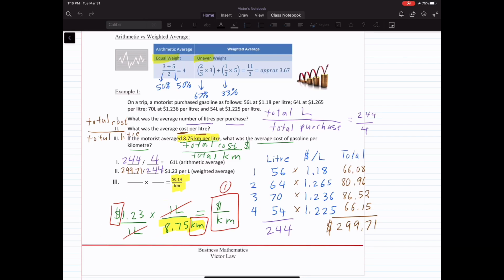So we have $1.23 divided by 1 liter times 1 liter divided by 8.75 kilometer. And then we know that the liter cancel out. And when we divide these two numbers, so we just take 1.23 divided by 8.75, we're going to get $0.14 per kilometer. That is example 1.